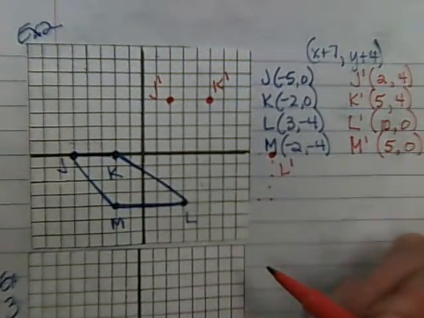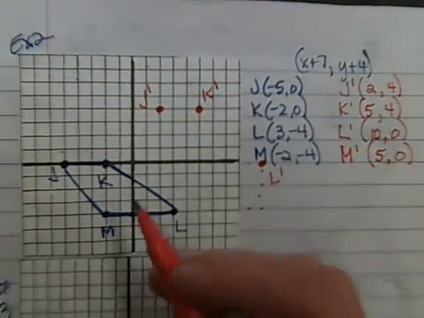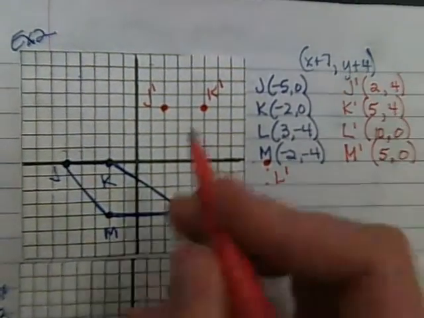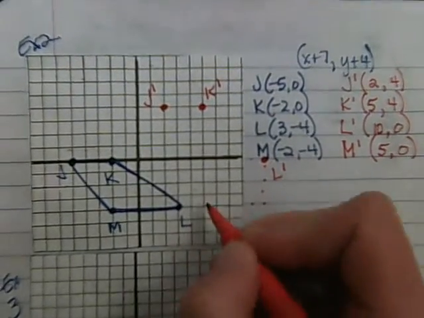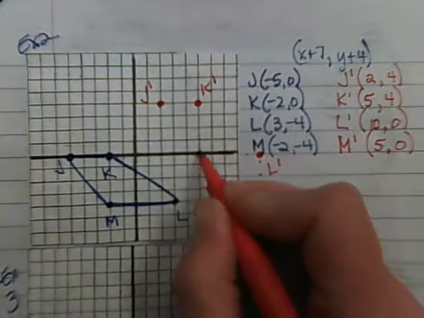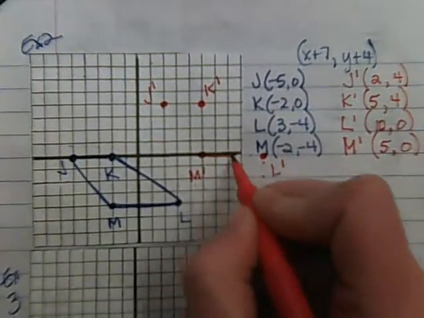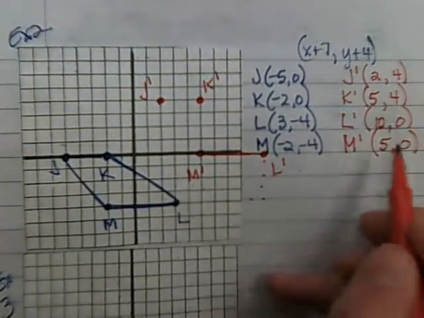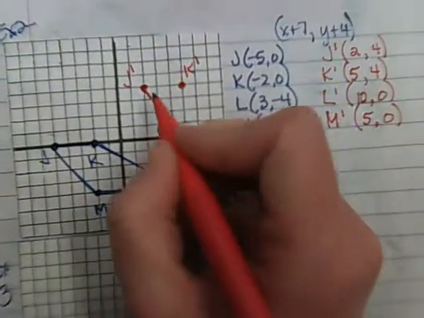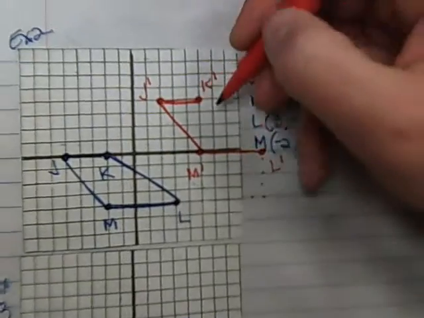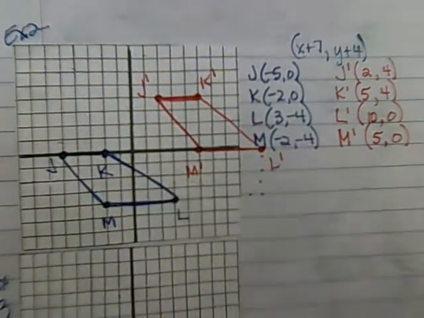It is. And then M is supposed to move right 7 and up 4. It's supposed to be at 5, 0, and it is. And there's my new image.